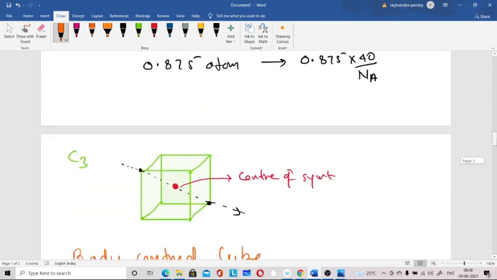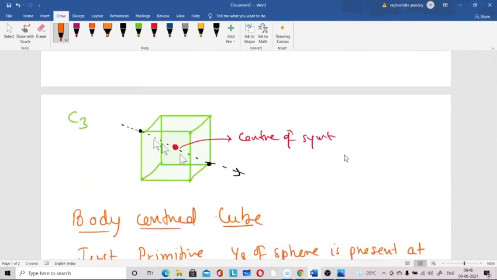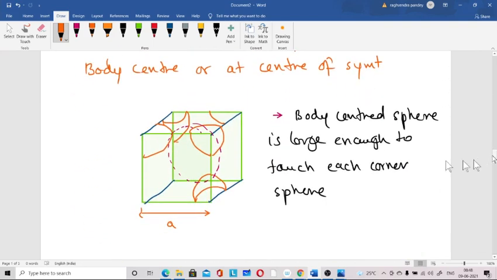Now the C3 axis passes through one corner and goes out from another corner, and it is touching three spheres.